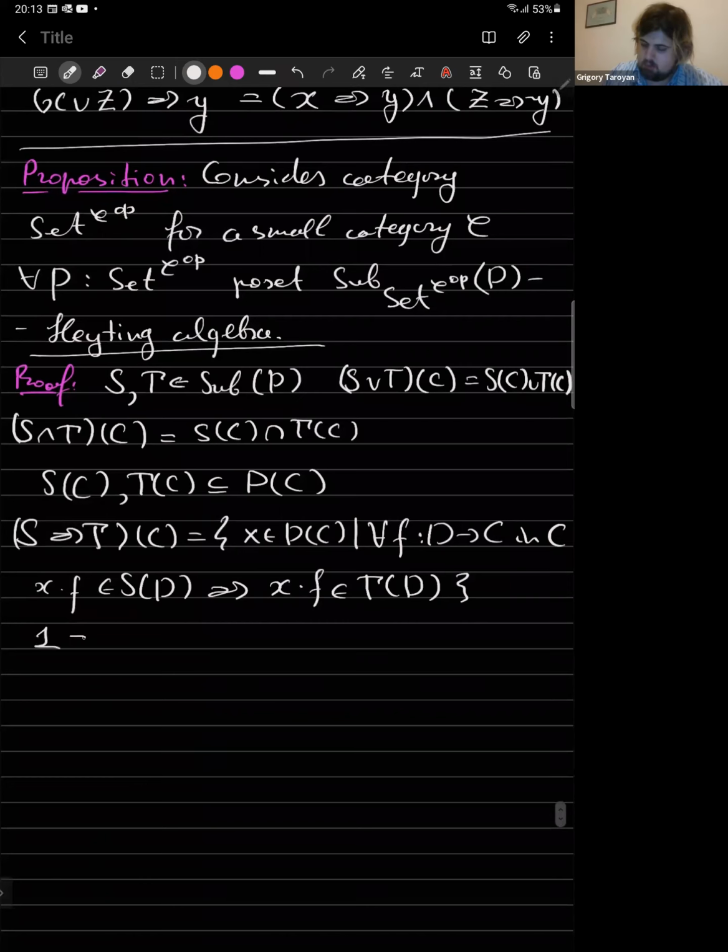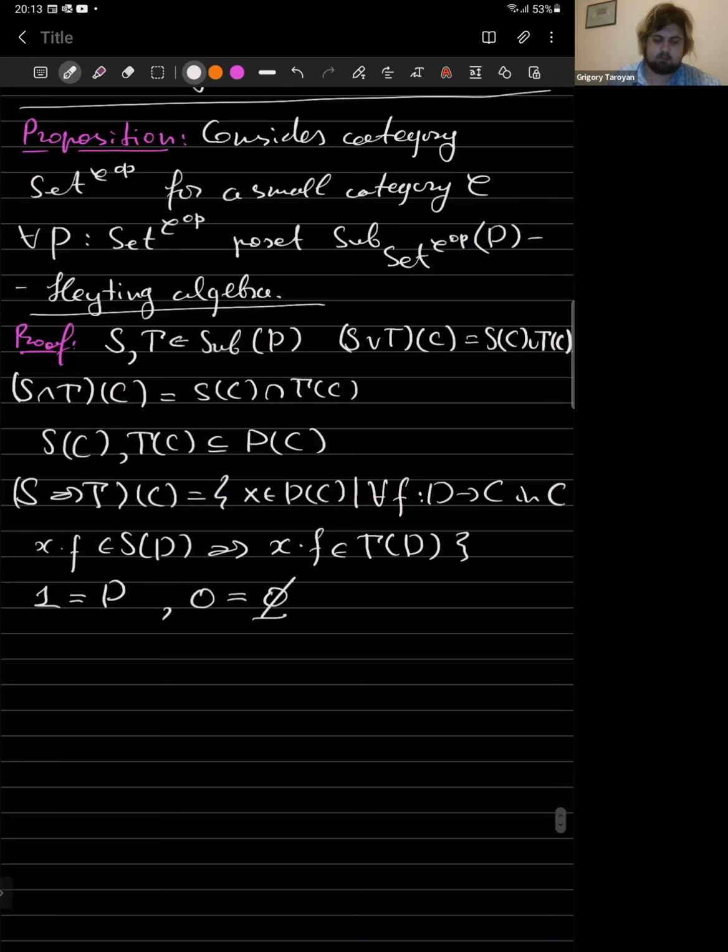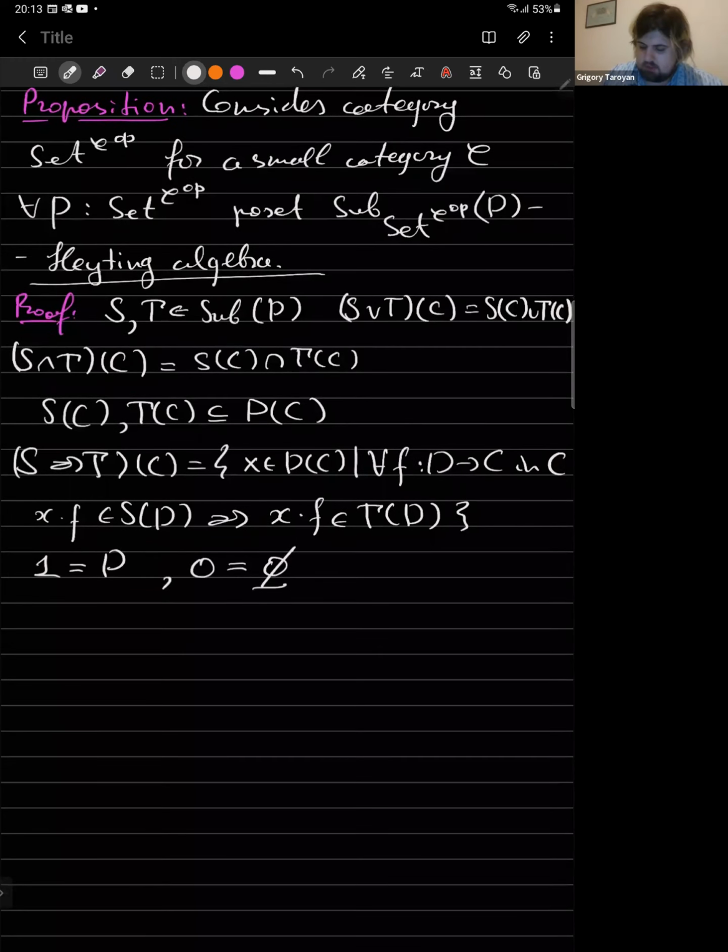The one is obviously P itself, and 0 is the constant empty set functor, which takes the value of empty set on each subfunctor of P. And negation is defined like this.